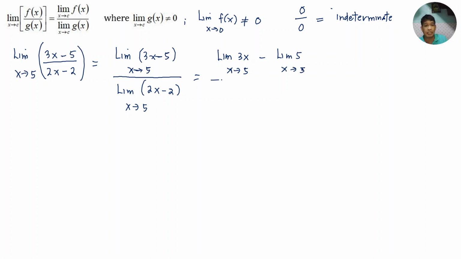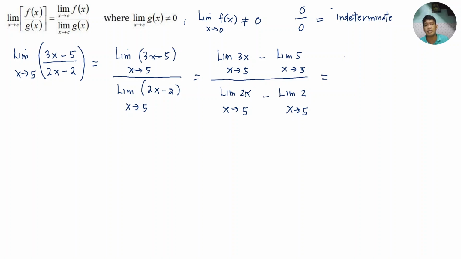So, ginamitan lang natin siya ng sum or difference ng dalawang limits. Paghihiwalayin lang natin yung limit ng first term at saka limit ng second term, and lalagay lang natin kung ano yung operation in between. Limit of 2x as x approaches 5 minus the limit of 2 as x approaches 5.